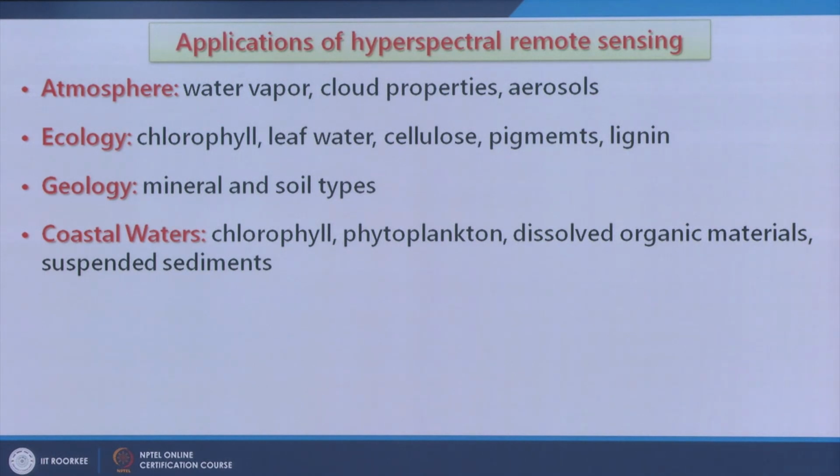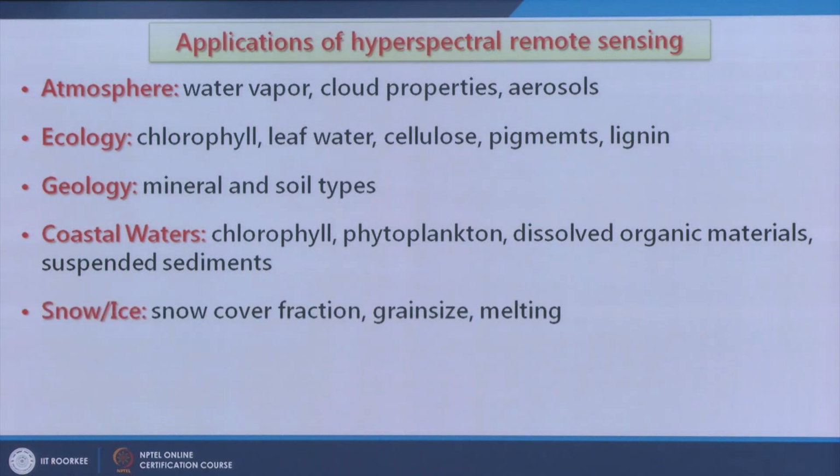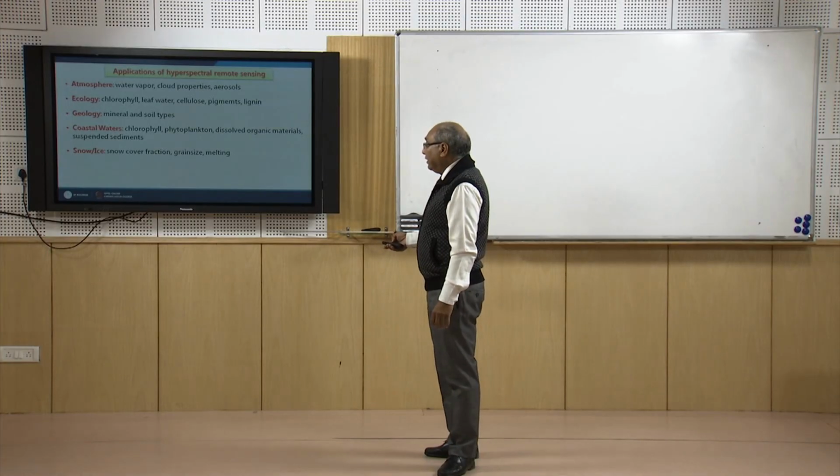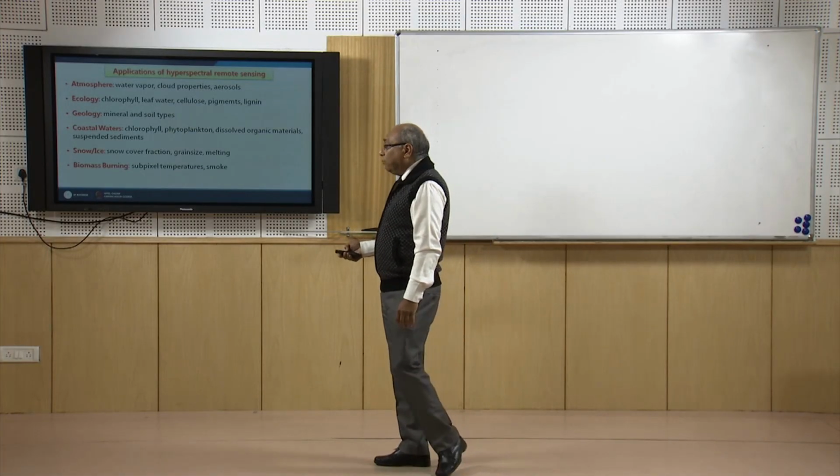In coastal waters, as I have said, chlorophyll, phytoplankton, dissolved organic materials, suspended sediments, all these are important to map. And then snow and ice also, what is the snow cover fraction, whether it's complete ice or complete snow or some part snow, grain size and melting and other things, and biomass burning.